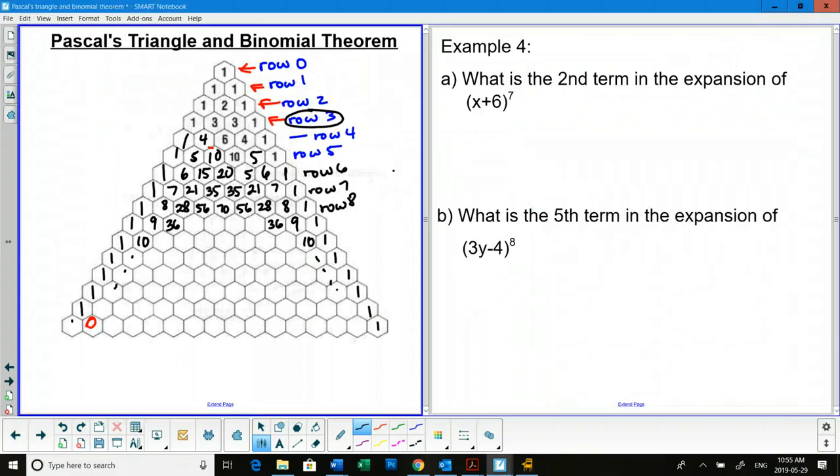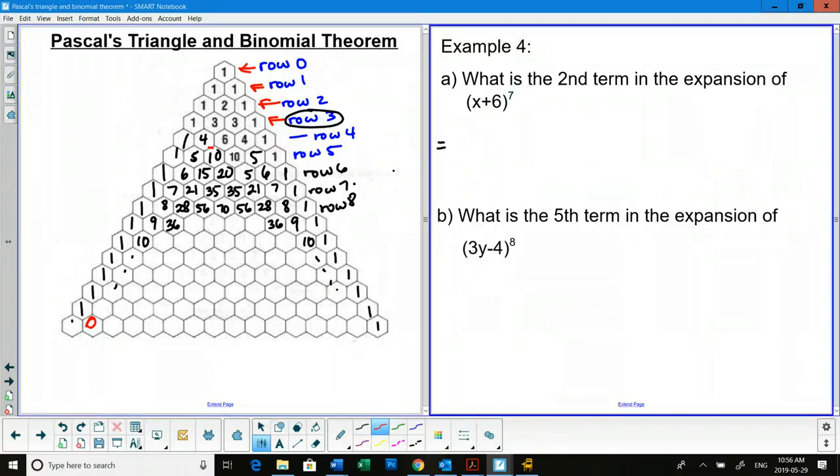Okay, so for the rest of our lesson, we're just going to do a couple different types of questions that involve pinpointing a specific term or coefficient in our expansion. The nice thing about these is that we don't have to do the entire expansion. We're just going to do some counting, and we'll use our rows of Pascal's triangle. So for this one here, I'm expanding to the exponent 7.